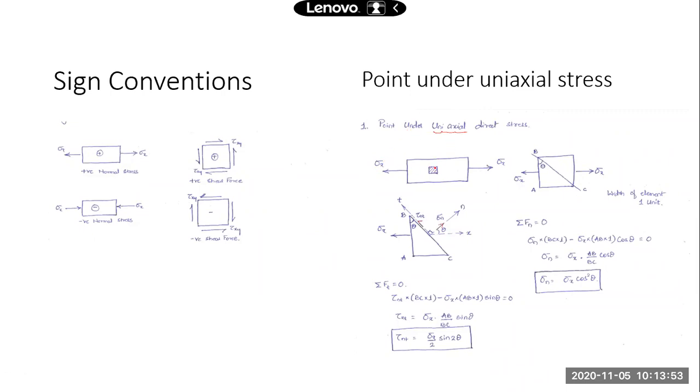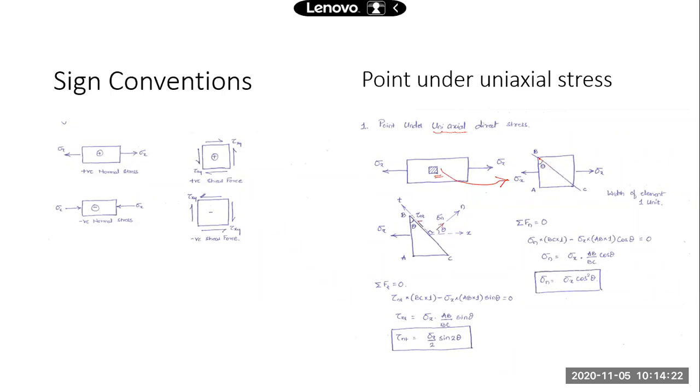Now we are going to consider an infinitely small element within this bar, taken out over here. In this, I want to know the state of stress on a plane BC, which is inclined at an angle theta with the vertical. I am interested in the stresses on this inclined plane.